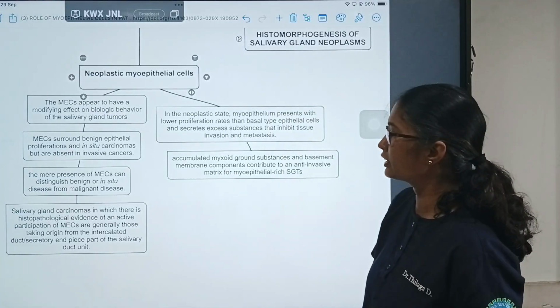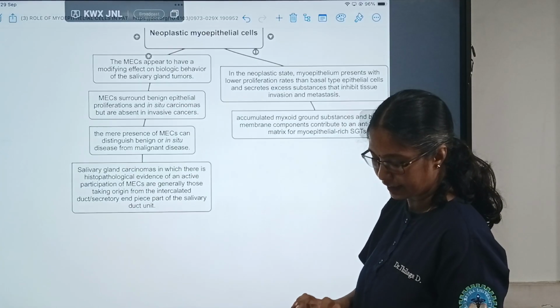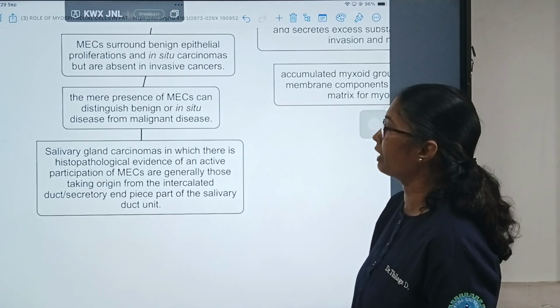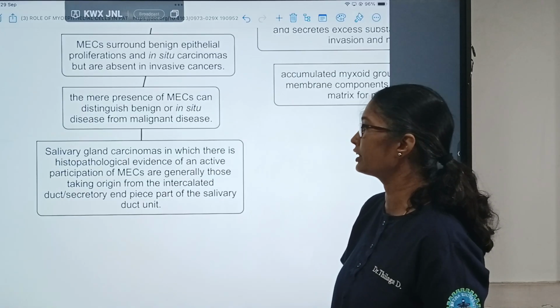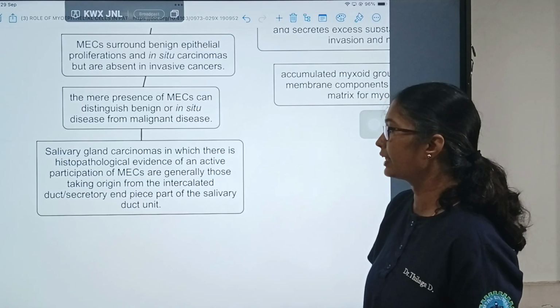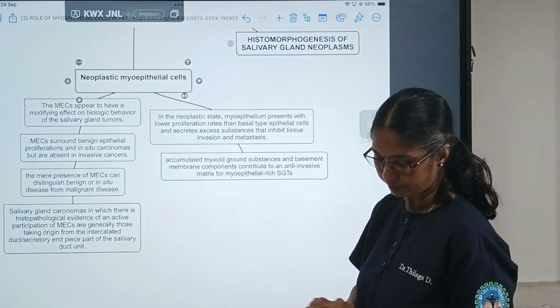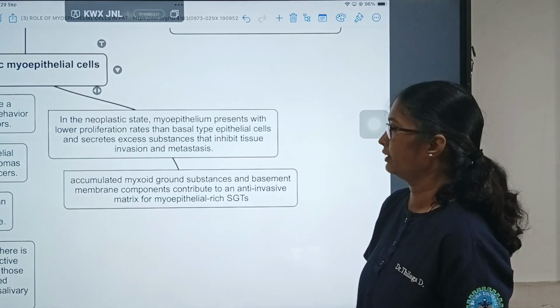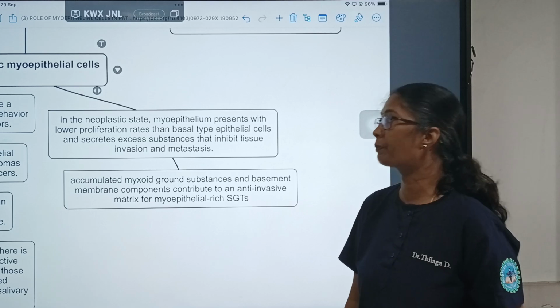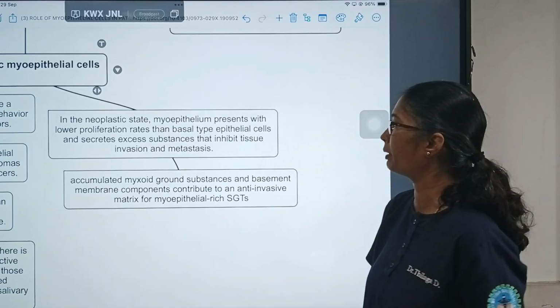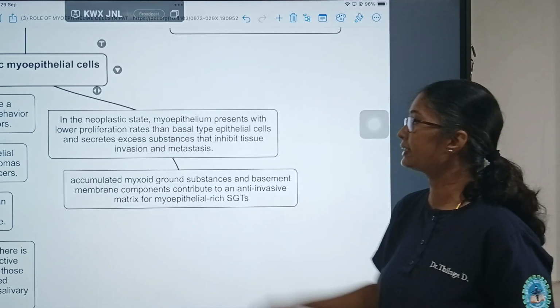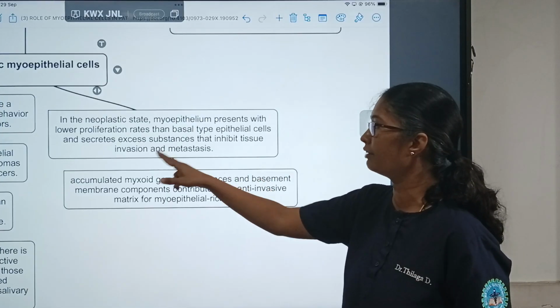The salivary gland carcinomas in which there is histopathological evidence of an active participation of MECs are generally those taking origin from the intercalated duct or secretory entities, part of the salivary duct unit. In the neoplastic state, myoepithelium presents with lower proliferation rates than the basal type epithelial cells and secretes excess substances that inhibit tissue invasion and metastasis.